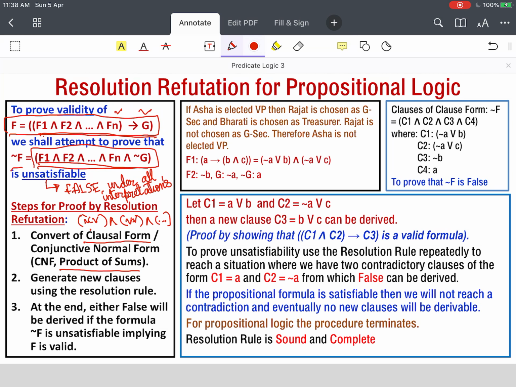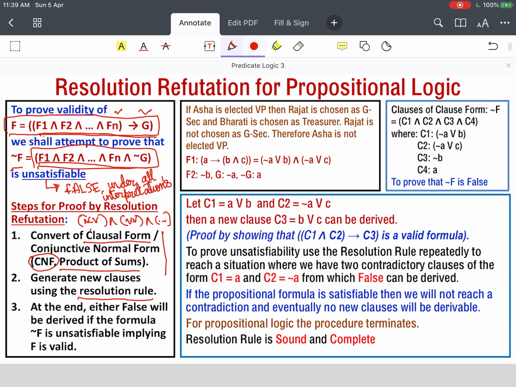So it's a product of sums. So it is also called a conjunctive normal form formula. So the first step is to convert it to a clausal form.